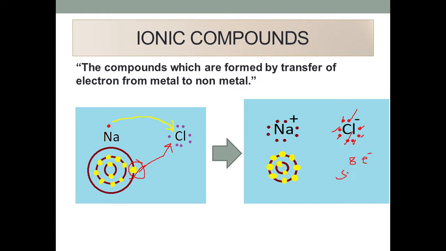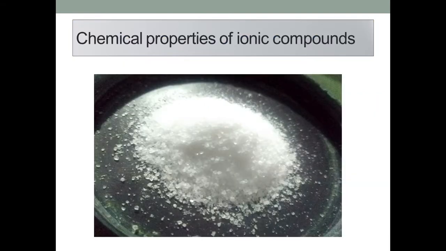It acquires one more electron and becomes stable. While sodium also becomes stable by losing one electron, because it also now has 8 electrons. So both are stable. That's why they form ionic compounds.